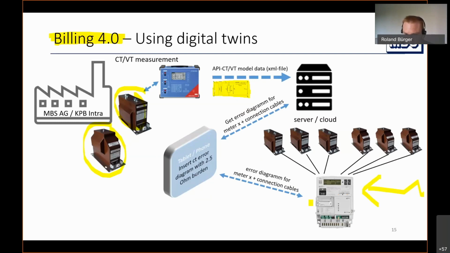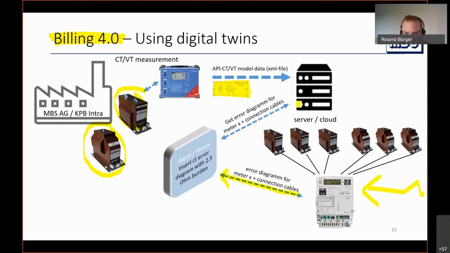So in the field, you can say, hey, you're using this energy meter, and with connecting cables, you get the special burden, or you can measure the burdens, and you can take your tablet, taking these burdens to the cloud, where you can calculate the special correction factors for this specific burden.